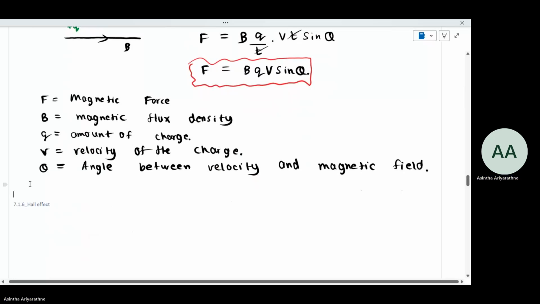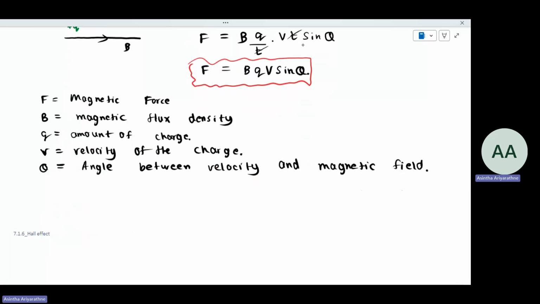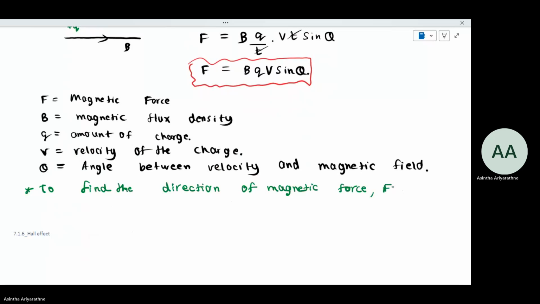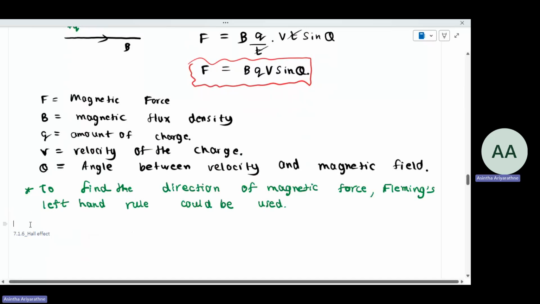But to find the direction of the magnetic force, Fleming's left hand rule could be used.